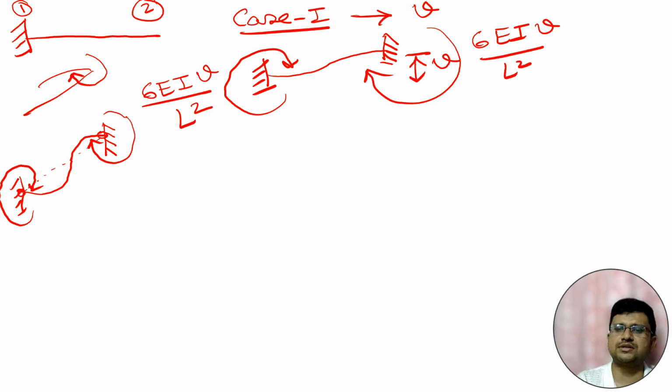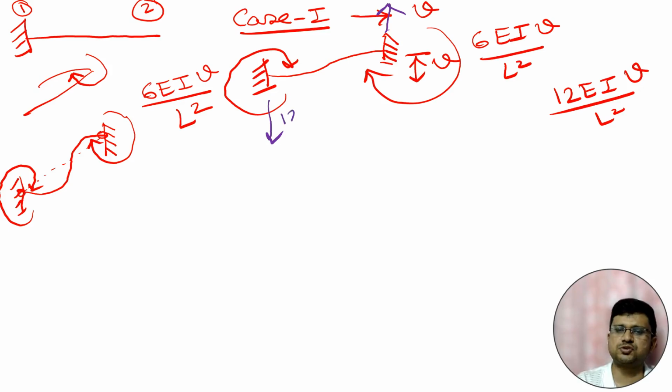So both are clockwise in nature, and the total moment is 6 EI V by L square plus 6 EI V by L square. So the total is a clockwise unbalanced moment of 12 EI V by L square. So some reaction force will generate, which will create some anti-clockwise moment, and that anti-clockwise moment will also be 12 EI V by L square.